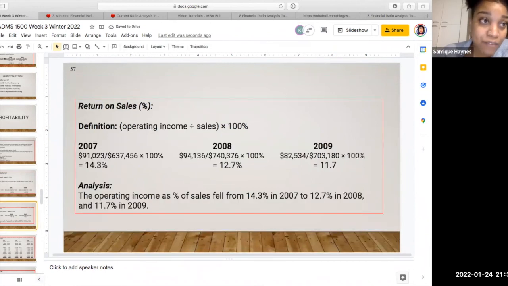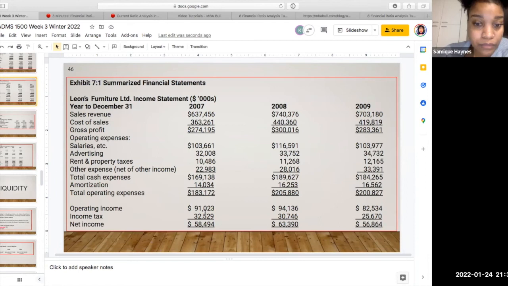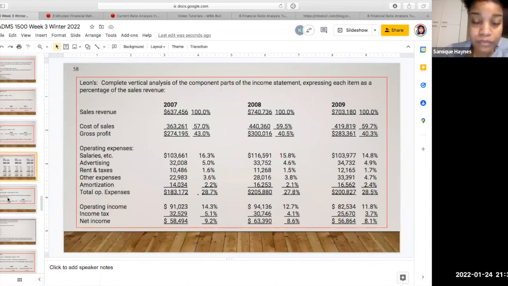And then we have our return on sales. That's your operating income divided by your sales figure. Again, you'll go to your income statement and get your operating income, and then divide it by your sales amount, okay? Then this slide is showing that we can use vertical analysis, expressing each item as a percentage of sales revenue.